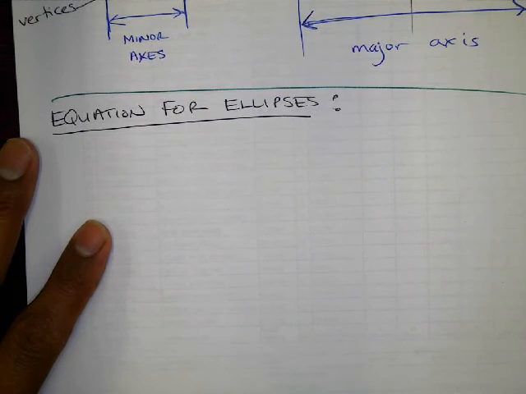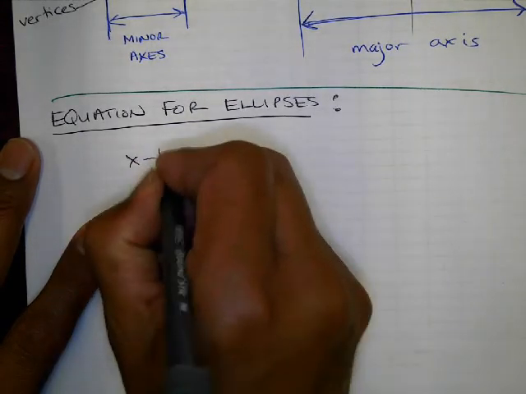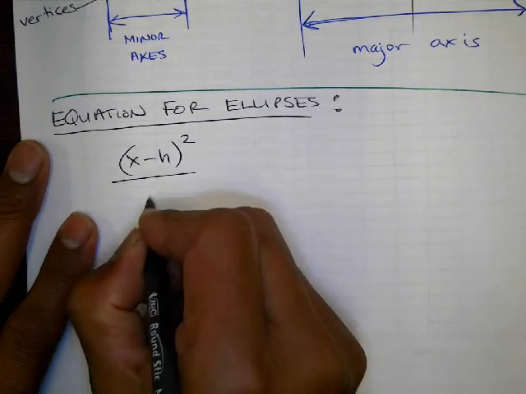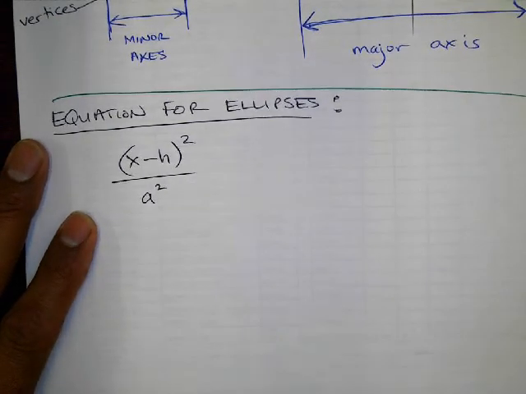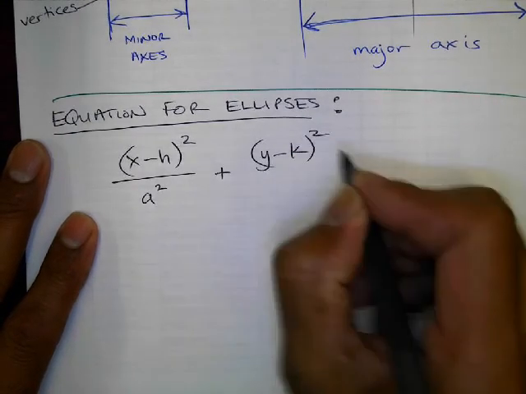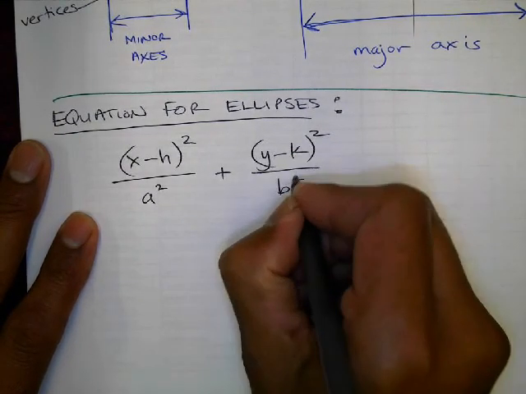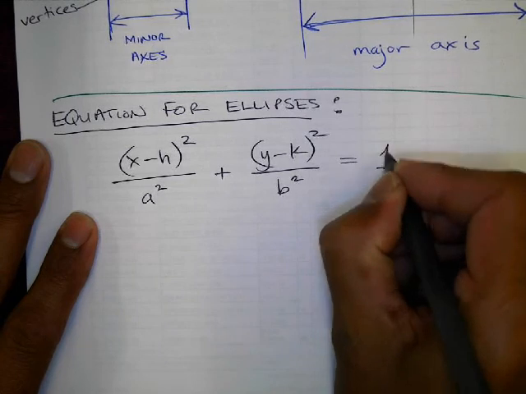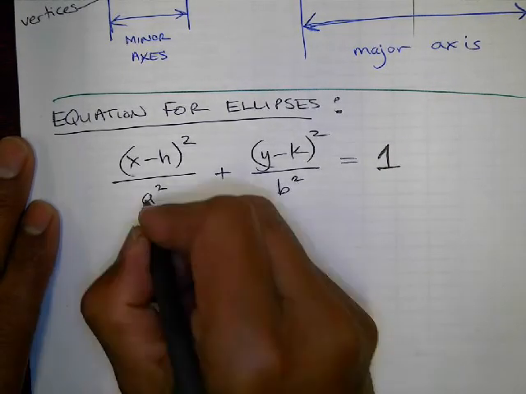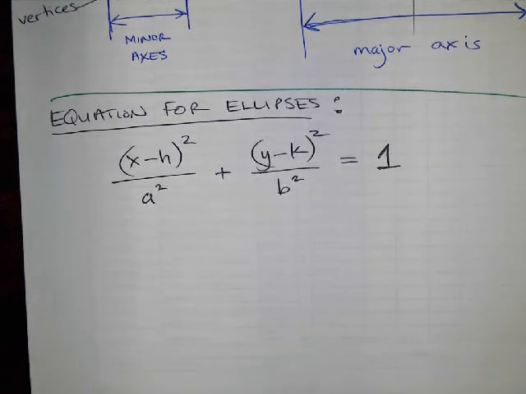The equation for an ellipse is this: x minus h squared over a squared plus y minus k squared over b squared is equal to 1. We always got to make sure it's equal to 1. Okay?